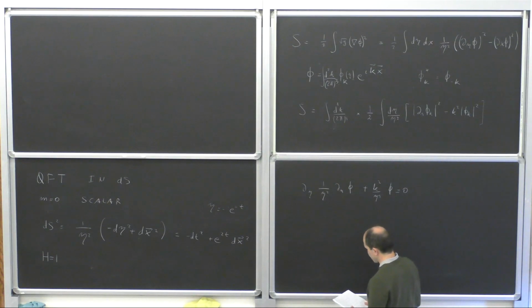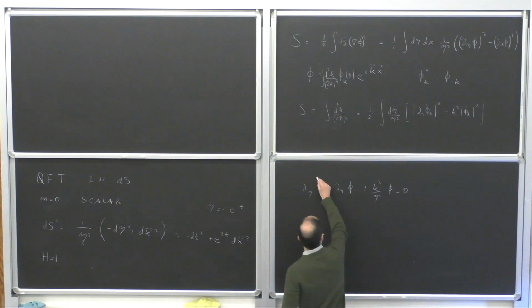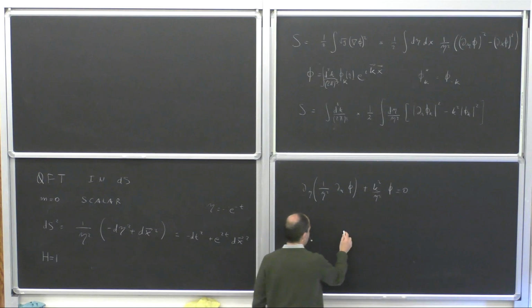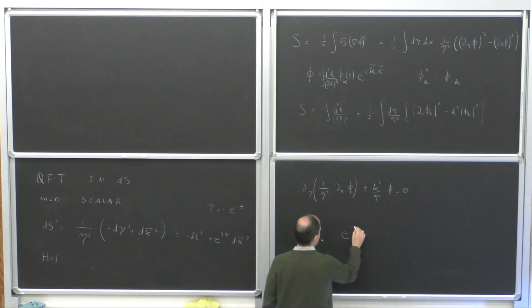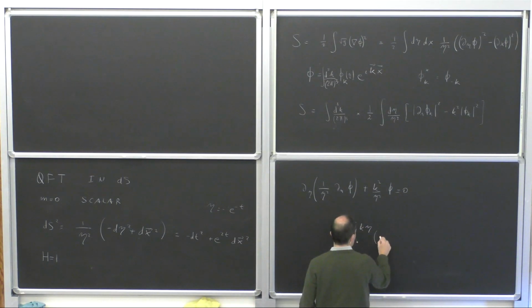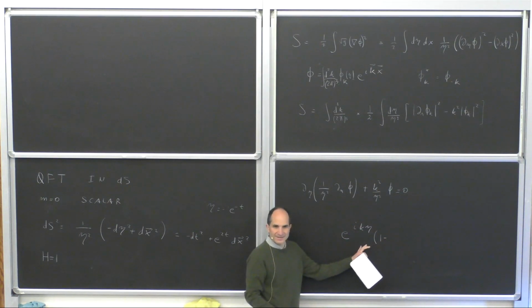So we solve these equations, and it's a simple exercise to show that the solutions are essentially like the usual solutions for a harmonic oscillator. The usual solution would be just this e to the i k eta, right?